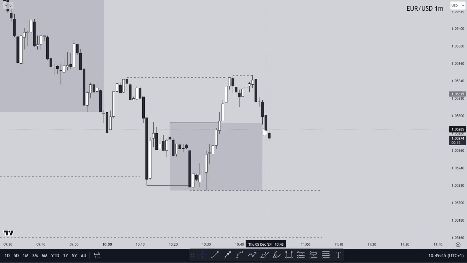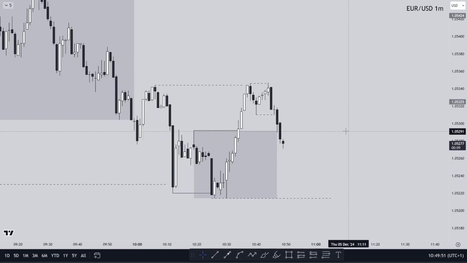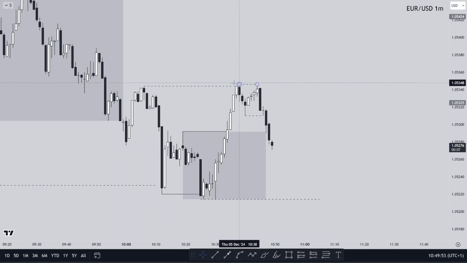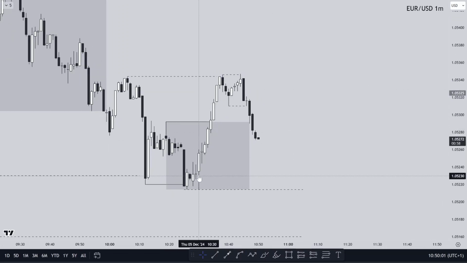It's still possible for the price to go up, but I will not open a trade until the price gives me a kind of double break of structure. Also because this movement is so sharp to the upside, I can't see any resistance. The only one I can see is in this zone.